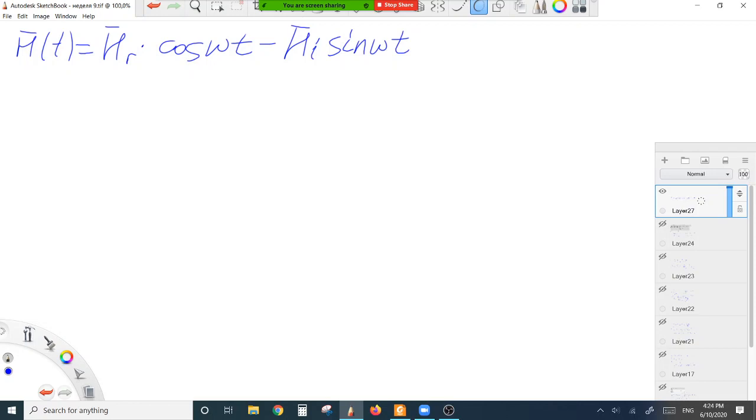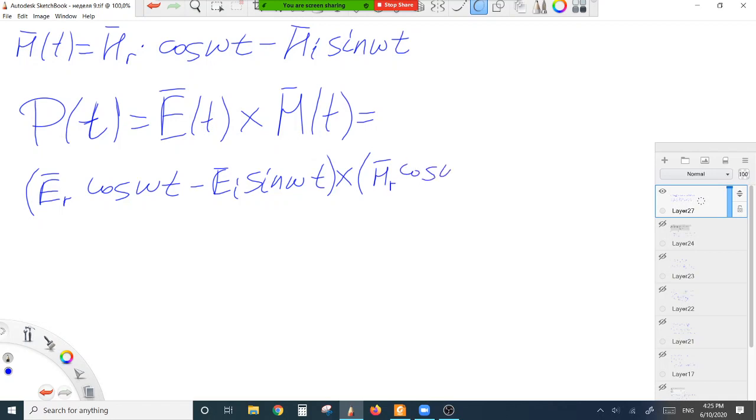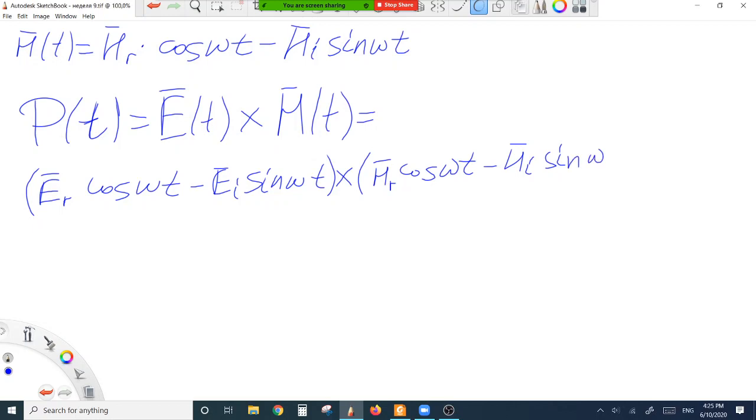Now we may compute the time-dependent Poynting vector, which is P(t) equal to E(t) cross H(t), where E(t) is E_R cosine omega t minus E_I sine omega t, cross H_R cosine omega t minus H_I sine omega t.